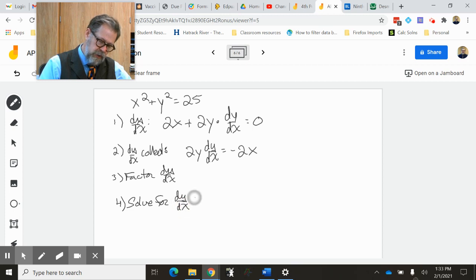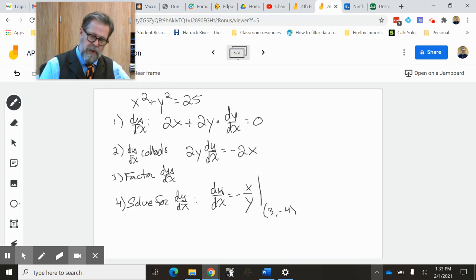And I'll just do that by dividing both sides by 2y, and I get that dy dx equals negative x over y. So if you remember, my problem was I wanted to know the slope at 3 comma negative 4, and this will be 3 over negative 4 with a negative out front, gives me 3/4.